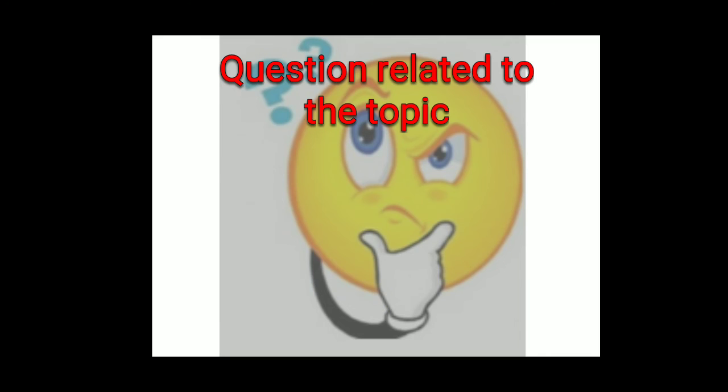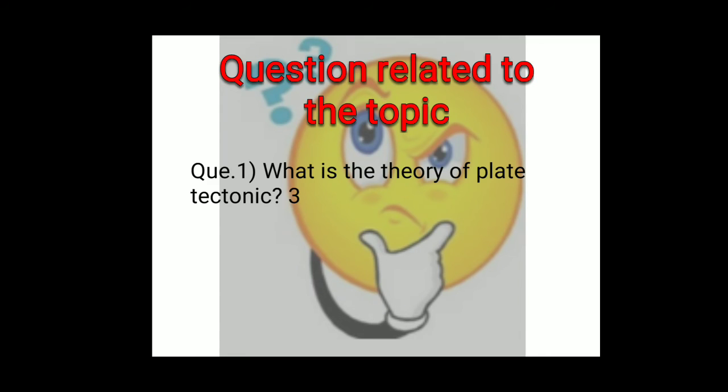Questions related to the topic. Question number 1: what is the theory of plate tectonics? What will you write? In this topic, you will write: according to this theory, the crust, the upper part of the Earth, has been formed out of 7 major and some minor plates.